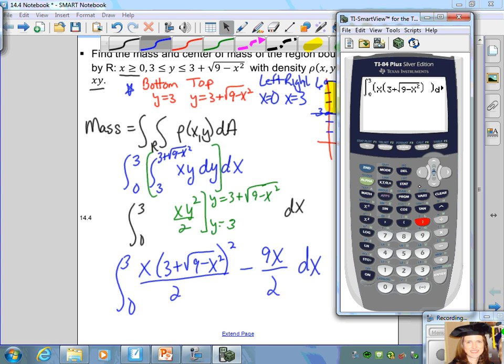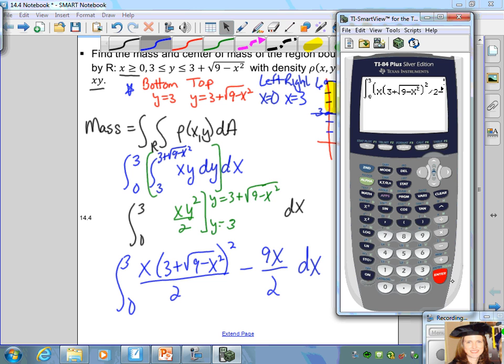Close the parentheses here, and then that quantity is squared, and we divide that by 2 minus our 9x divided by 2, and the differential is x.